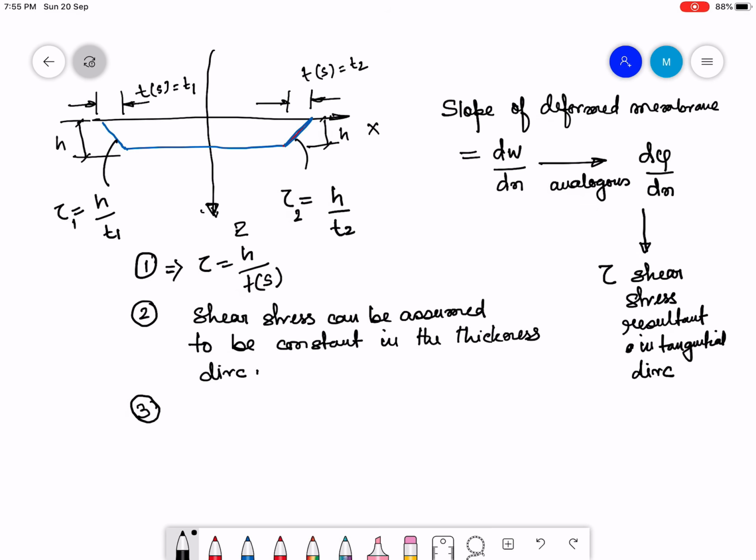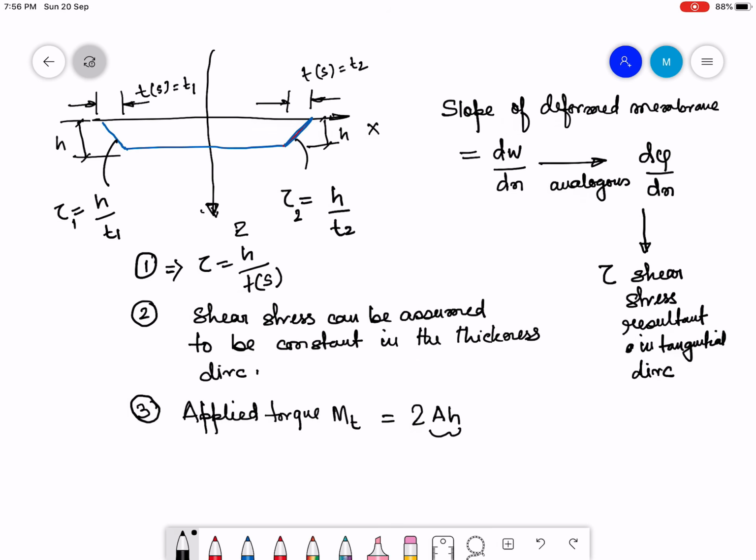So the applied torque, let me write it. Torque mt can be written as twice into the area into h.